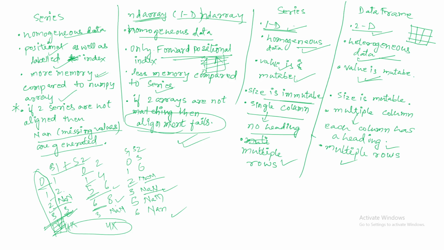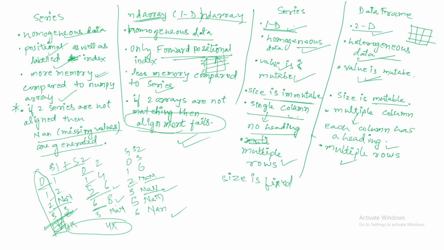So that is why size is immutable, means size is fixed. Another way to say it, size is fixed in a series. But here size is mutable, means size is not fixed.